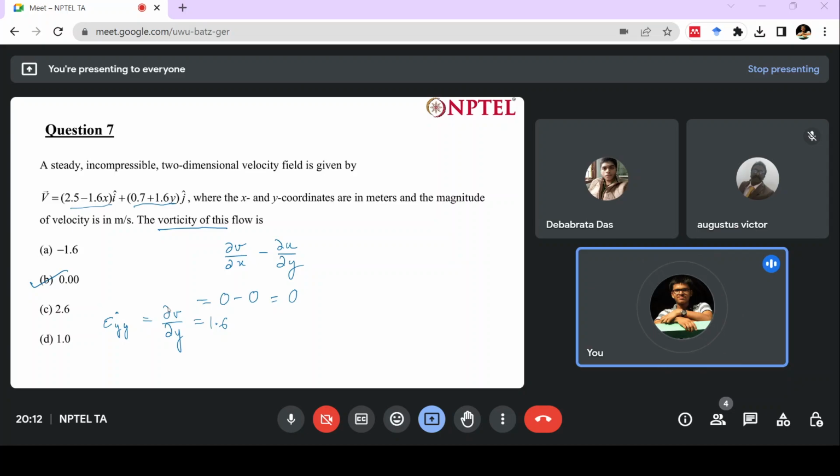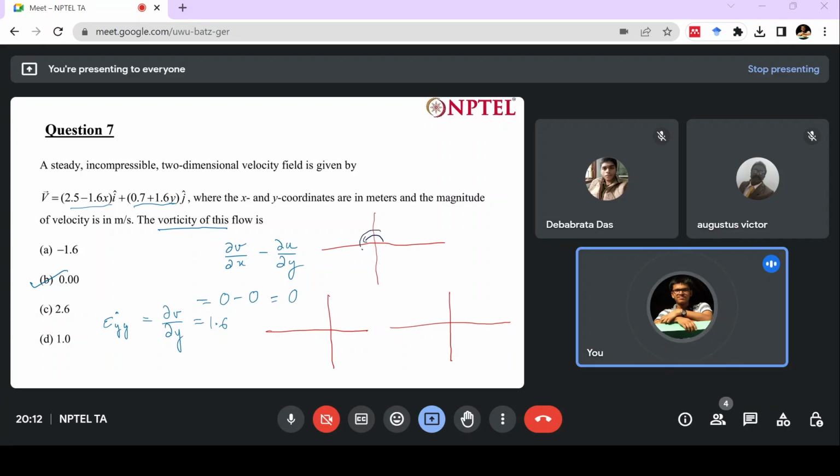So can you try to imagine what this velocity field will look like? I will give you a few examples. Let's say this is the coordinate axis. Let me give you three options. One option is like this.